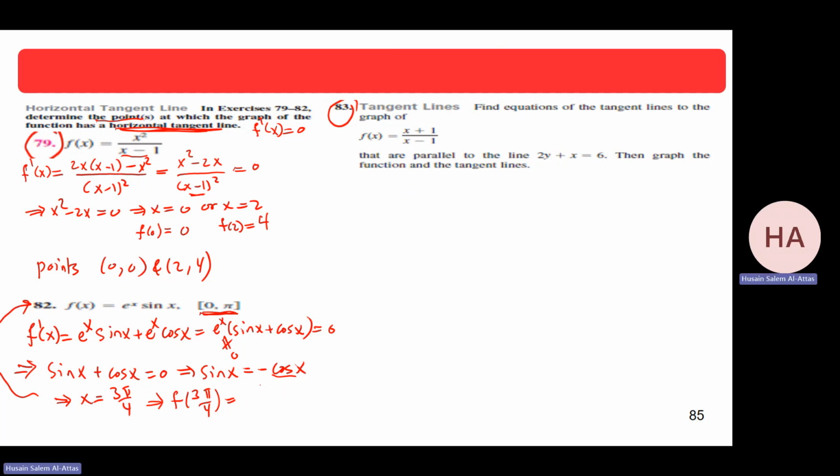So that will be square root 2 over 2 e to the power 3 pi over 4. So the point would be 3 pi over 4, and square root 2 over 2 e to the power 3 pi over 4.